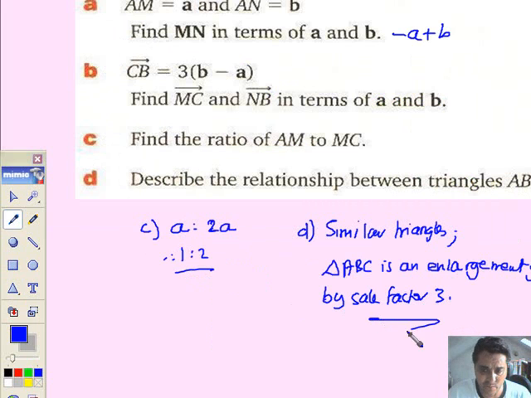So look, if this was a 3-mark question, they'll probably want you to say similar triangles. They'll probably want you to use the word enlargement and give the scale factor. Again, in an exam, you can get these ideas and get those hints by looking at that.